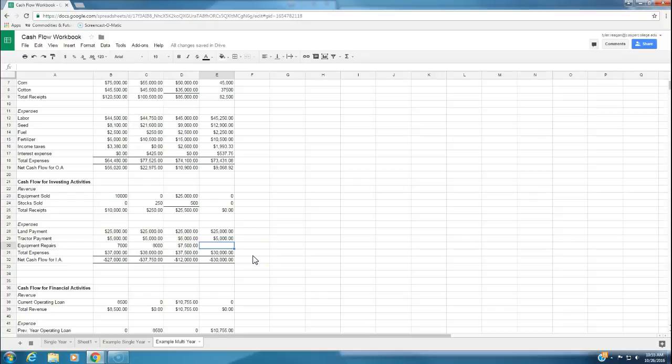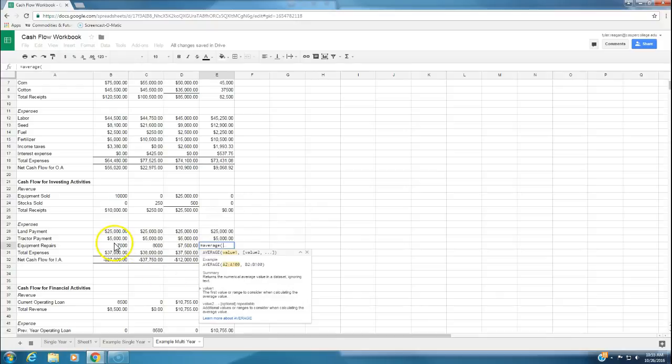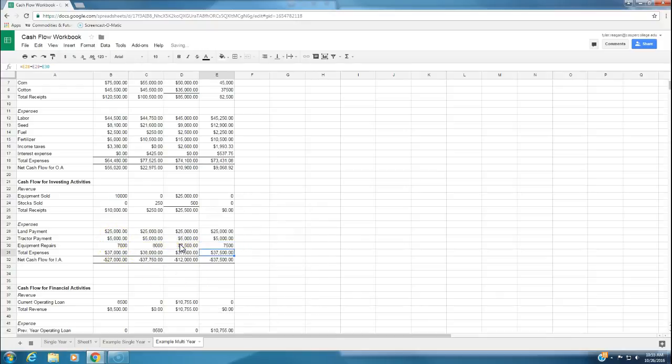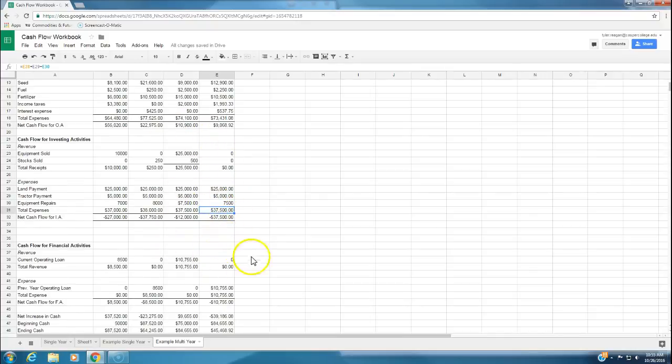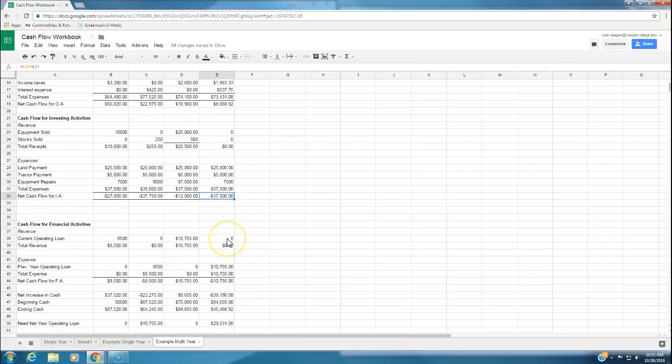Maybe here we want to use another average. So you can come in here and just highlight through, find the average, and a lot of these formulas are already changing in the background, like the net cash flow from investing activities, because a lot of them have already been put into place.